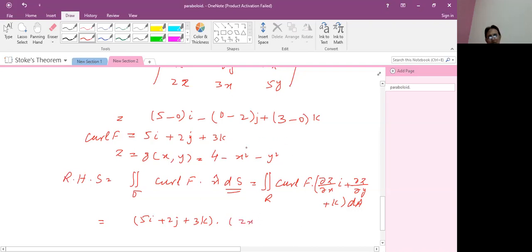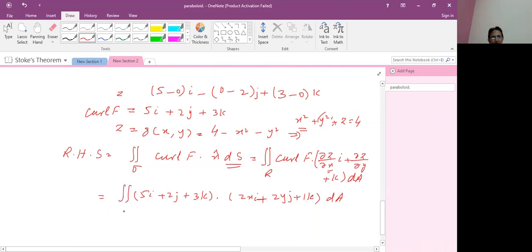If you write the equation this way, students, x square plus y square plus z is equal to 4. When we find the partial derivative with respect to x it is 2x, with respect to y it is 2y, and with respect to z it is 1. So 2x i plus 2y j plus 1 k into dA.